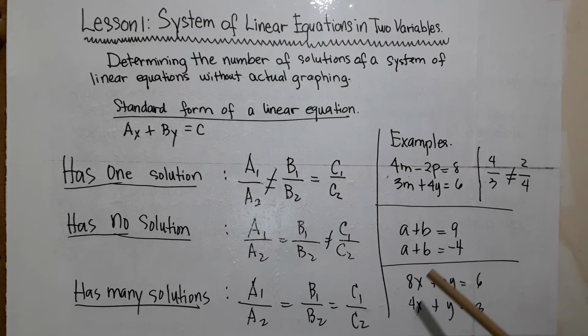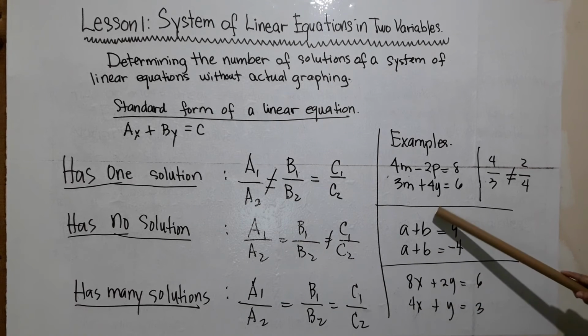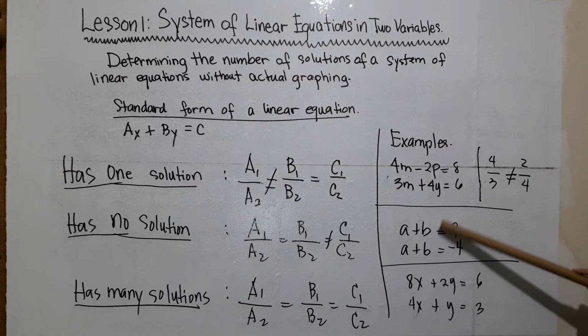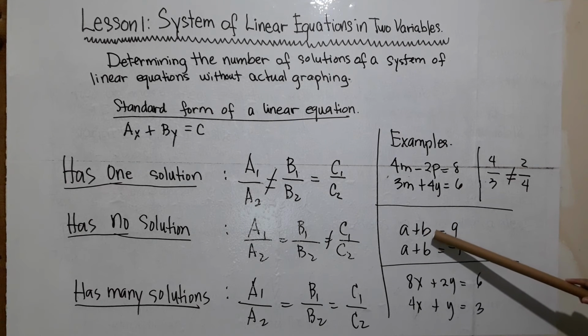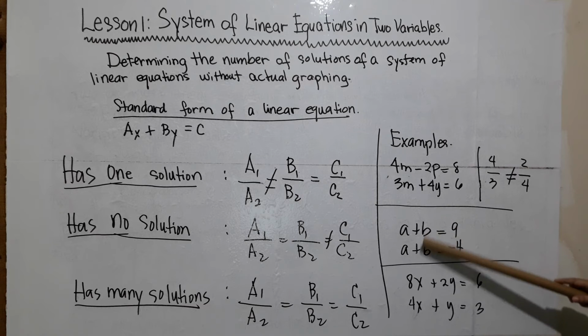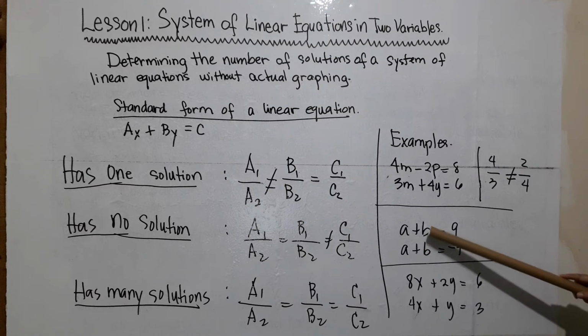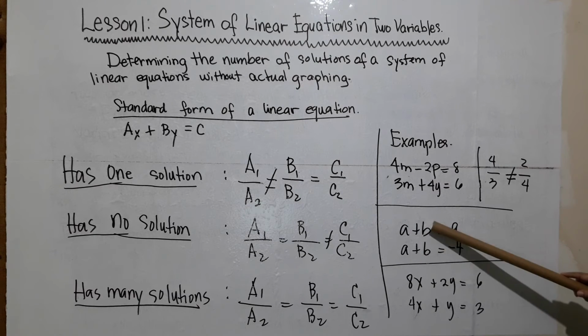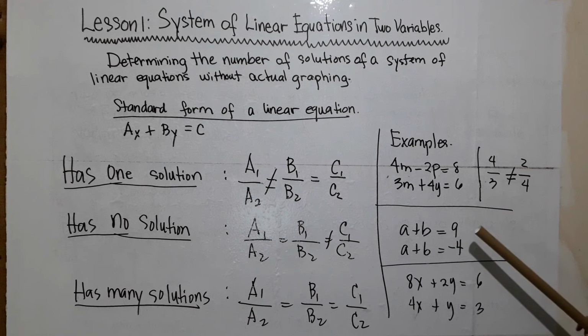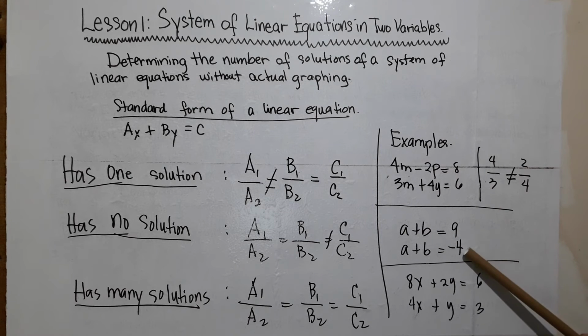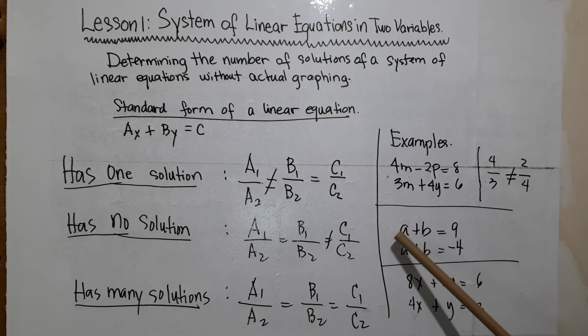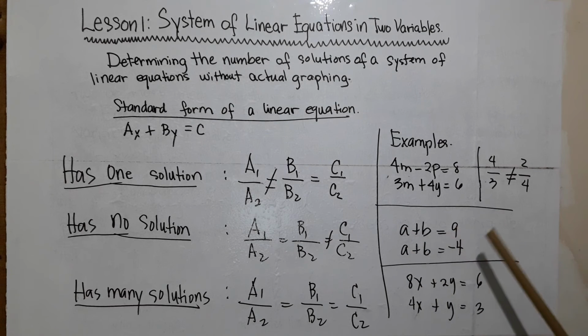So let's go to the example again. You will notice that the ratio of the second term is 1 to 1, and the ratio of the constants is 9 to 4. Therefore, they are not equal. The ratio of the first term, 1 to 1, is also not equal to 9 to 4.